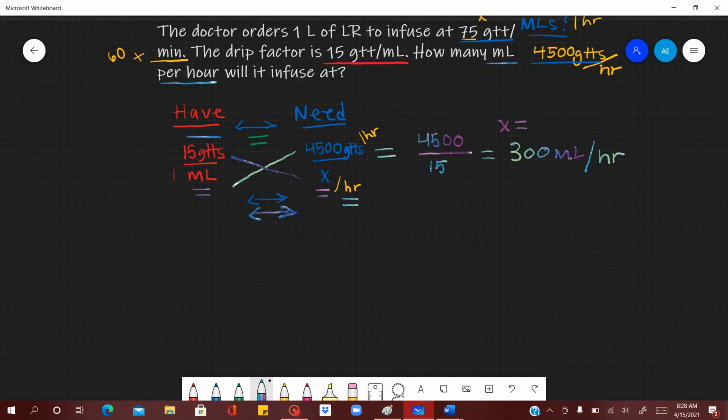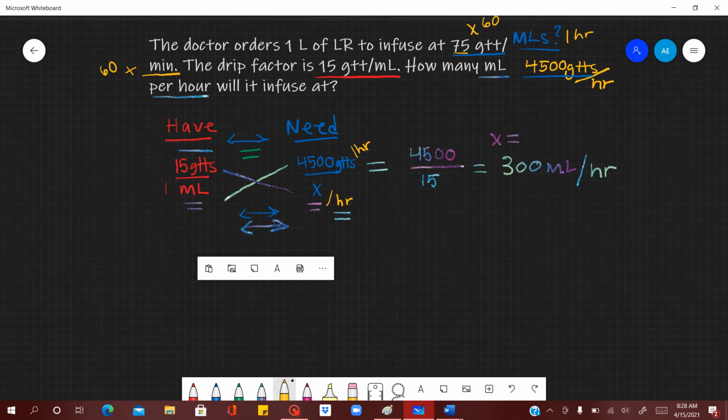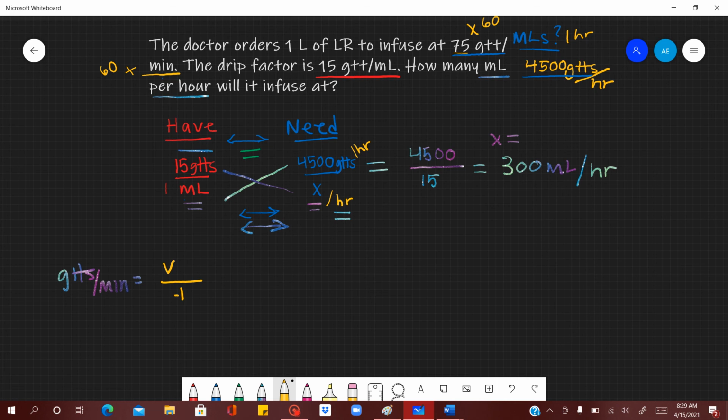And now if you liked my formula from the previous solving for drops per minute, you'll know that we can double check our answer right now. Let's refresh our memory of what this formula is. We've got drops per minute is equal to volume over time times the drip factor.